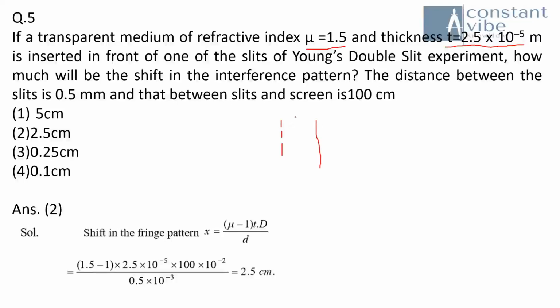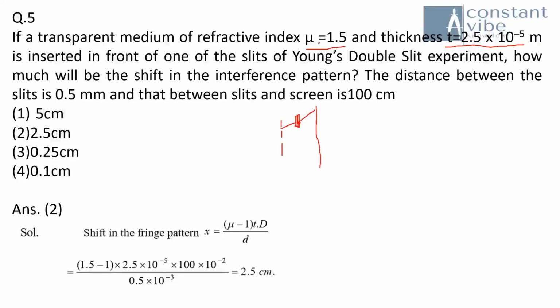As we did in the previous example, the mica sheet, a transparent medium, is placed in between in the beam, so the path will be changed here.